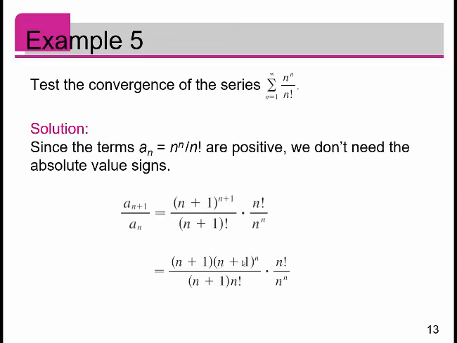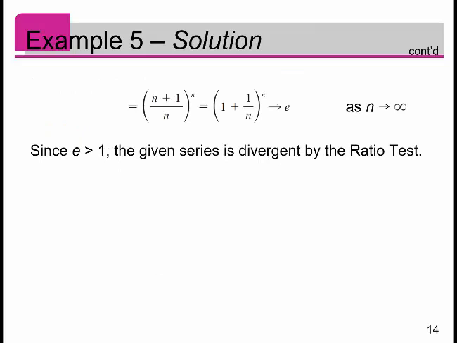Simplifying here, splitting the fraction, n over n is 1, so you have (1 plus 1 over n) raised to the nth power. As the limit goes to infinity, this is just e. Since it's a number, about 2.71, the given series is divergent by the ratio test.